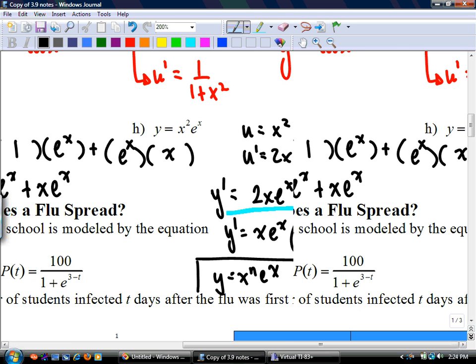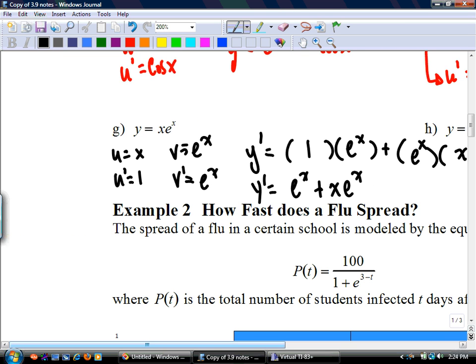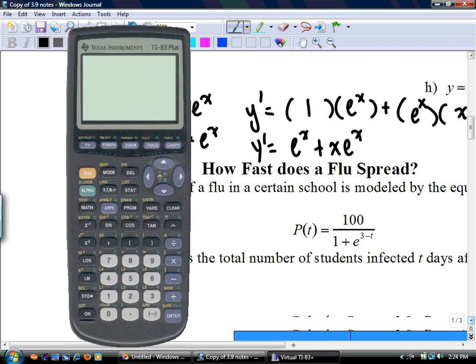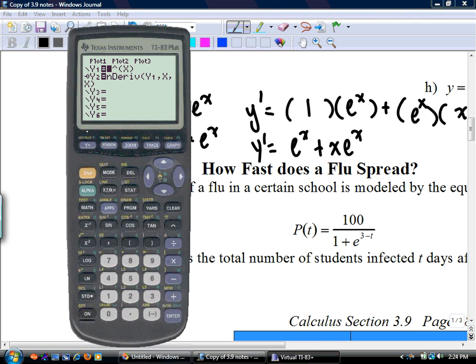Okay, graph this in your calculator. So 100 divided by bracket 1 plus e to the 3 minus x.